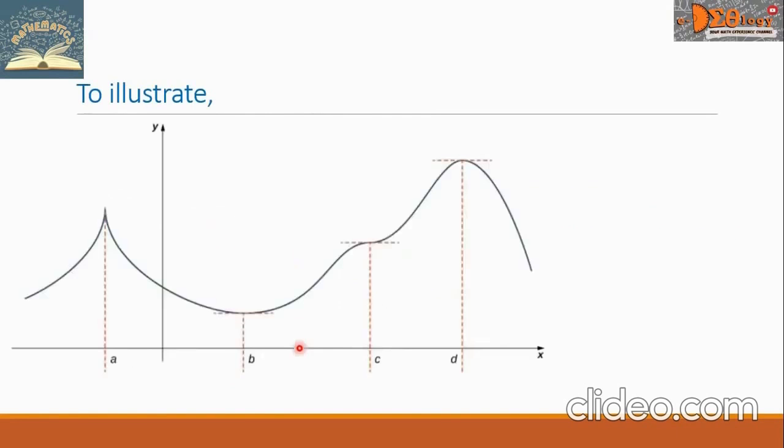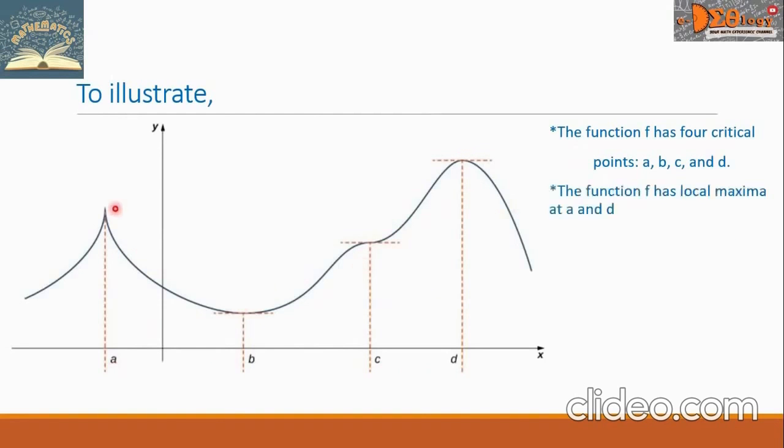To illustrate, let us see this function described by the graph. We say that this function f has 4 critical points, the A, B, C, and D respectively.